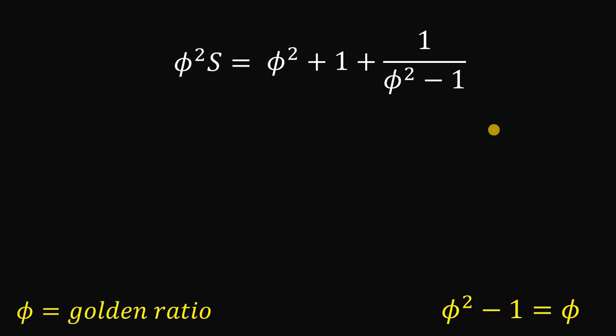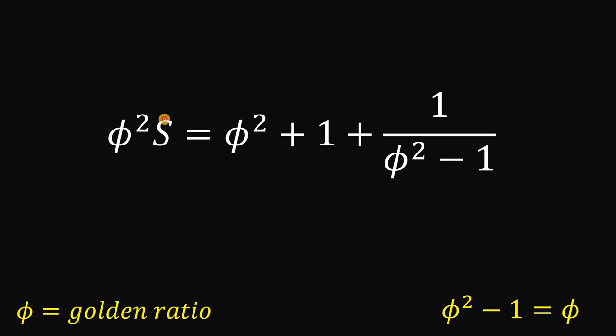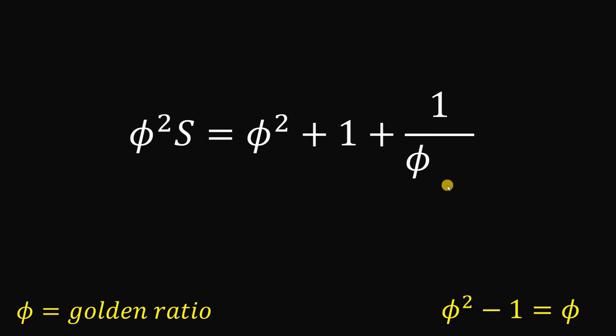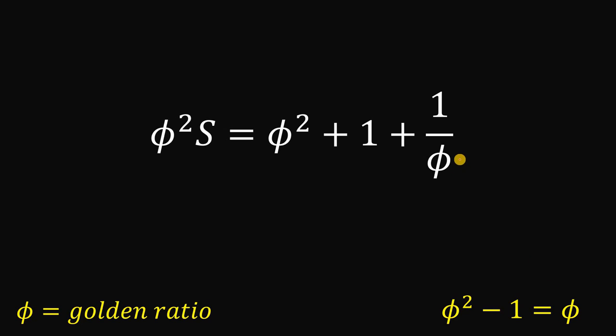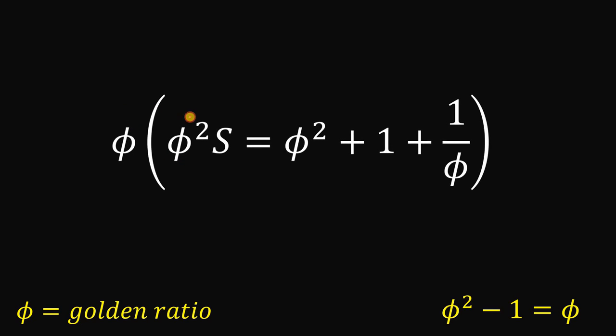And now we have phi squared multiplied by s. This is what we want. It equals phi squared plus 1 over phi squared minus 1. Again, let's simplify this equation. Phi squared minus 1, we know that this is equivalent to just phi. Now, to eliminate the denominator phi, let's multiply both sides by phi. So phi multiplied by the whole term.